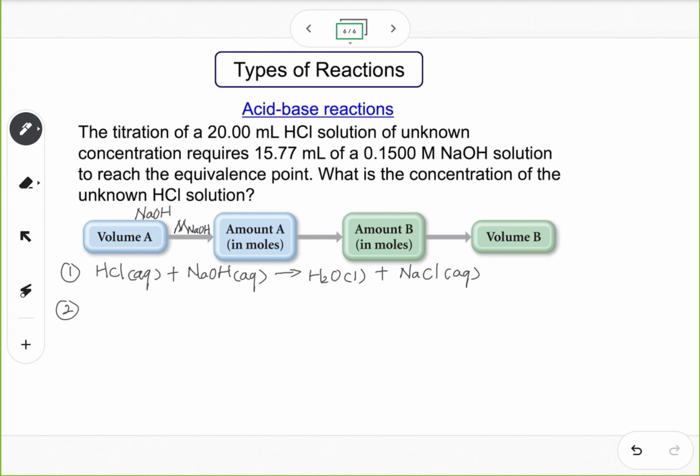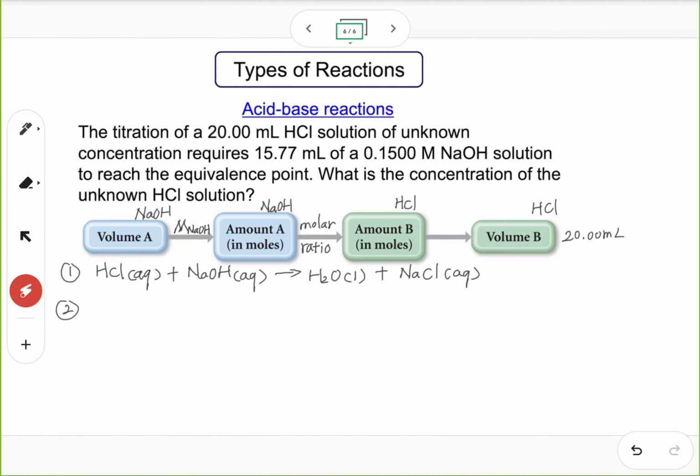Then the molar ratio between sodium hydroxide and hydrochloric acid, I'll write it here, it's a 1:1 ratio. And then the last step, remember the question is asking for the concentration of hydrochloric acid. The volume of the hydrochloric acid is known. It's 20 ml.